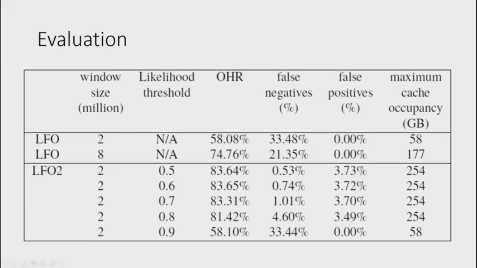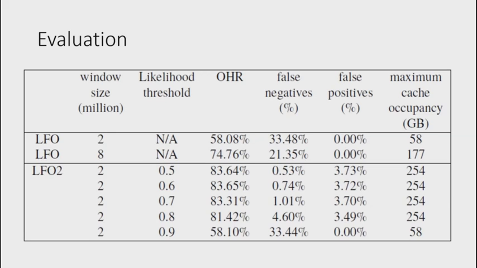Here's the result of LFO given different window sizes. As we mentioned before, the smaller the window size is, the more false negatives we have. Because of the higher false negatives, we have worse performance.